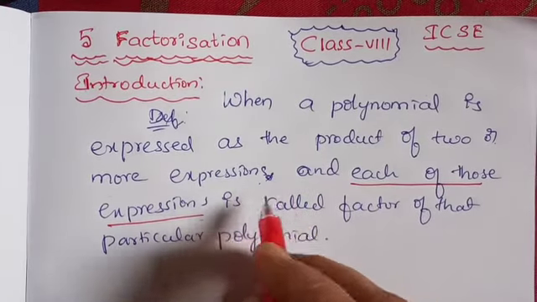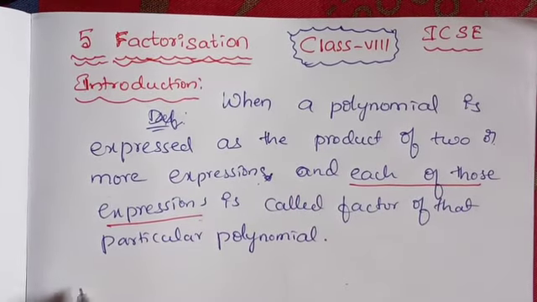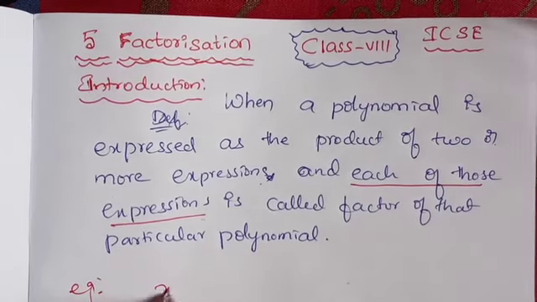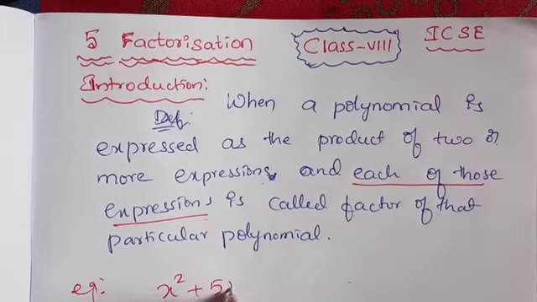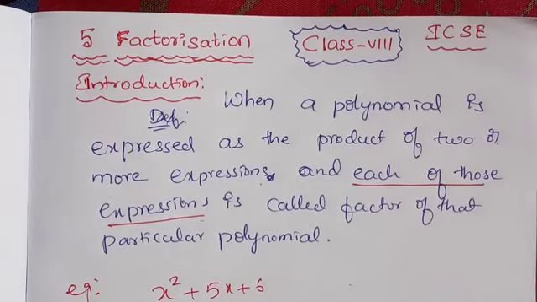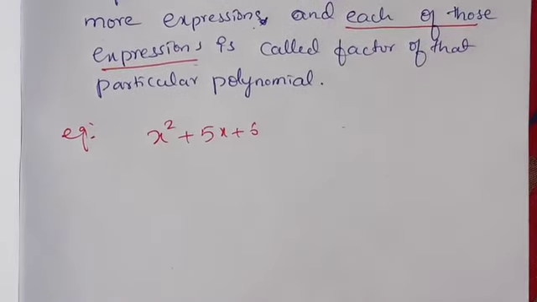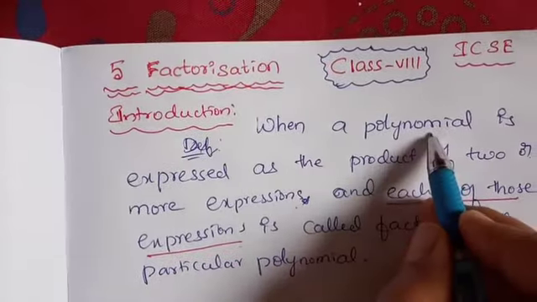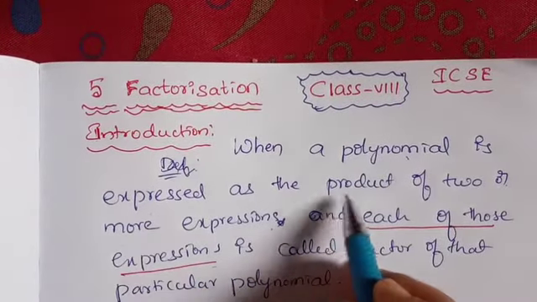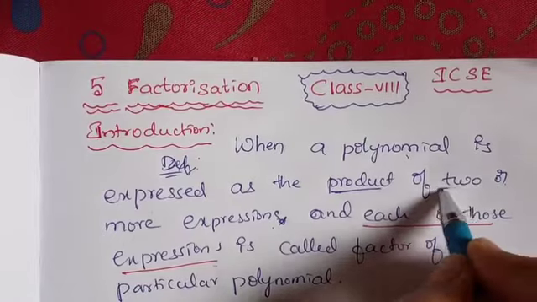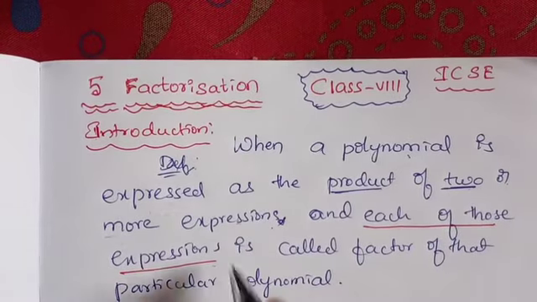Okay, children. So let us go with one example. Suppose x square plus 5x plus 6. When a polynomial is expressed as a product of two or more expressions, what does it mean?